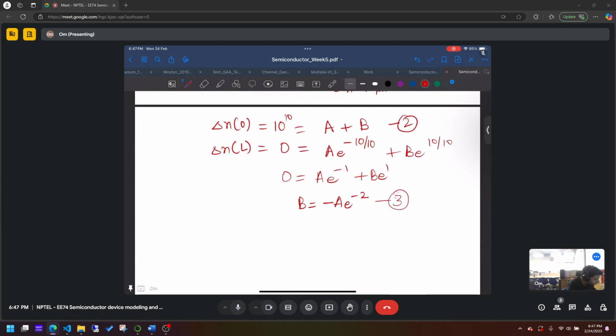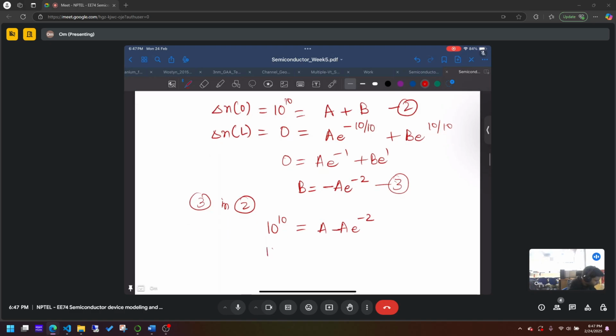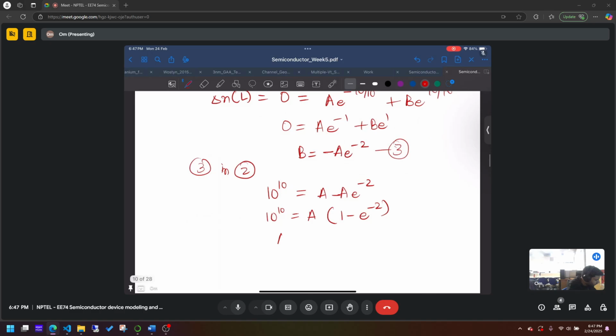Putting 3 in equation 2, what we'll get is 10 to the power 10 equals a minus a e to the power minus 2, or 10 to the power 10 is a times 1 minus e to the power minus 2, or a is 10 to the power 10 upon 1 minus e to the power minus 2.